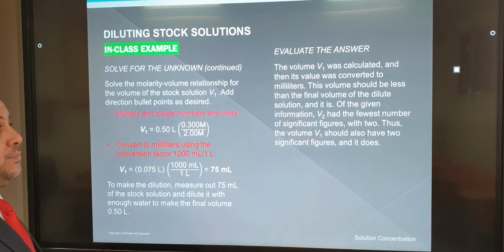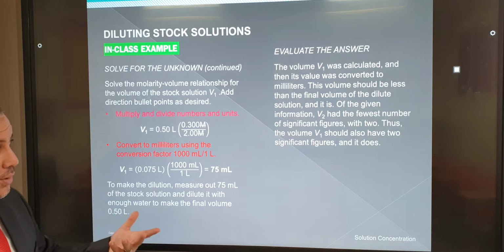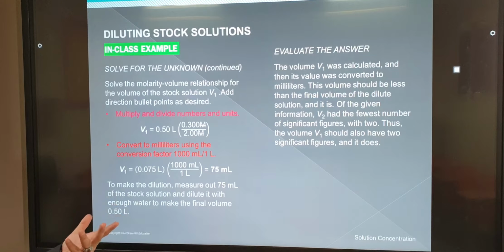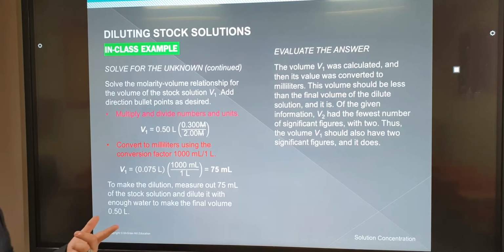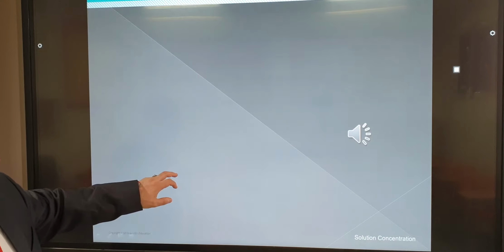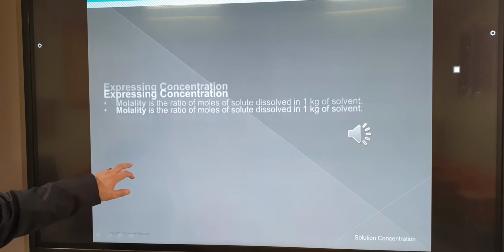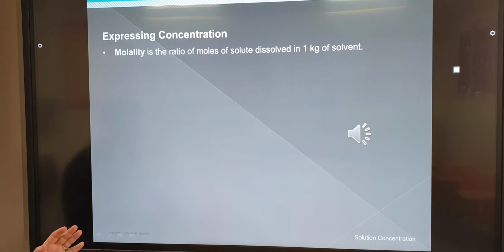This volume should be less than the final volume of the dilute solution. Of the given information, V2 has the fewest significant figures, 2. Thus, the volume V1 should also have 2 significant figures, and it does. There's no problem.